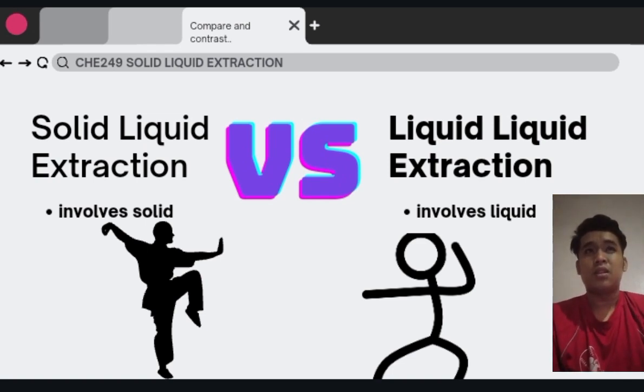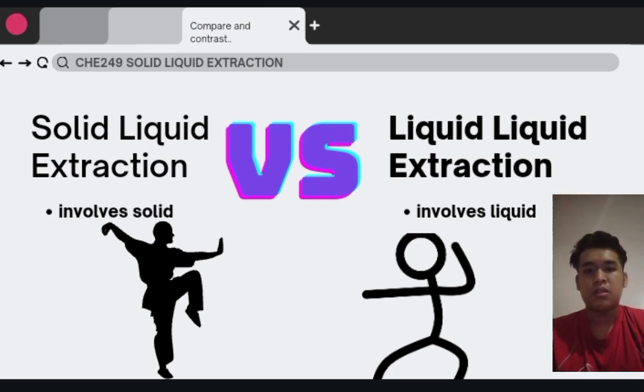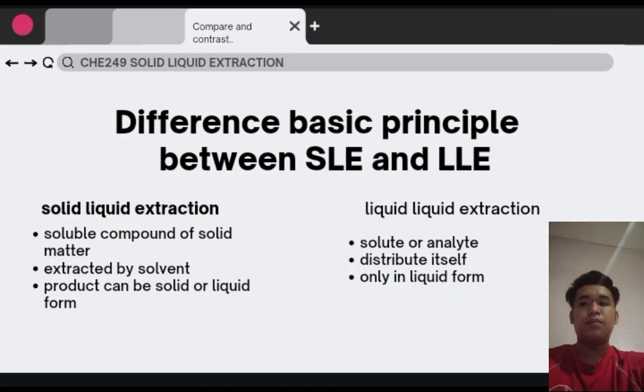First of all, as the names say, solid and liquid, there are differences between them, which is that solid liquid extraction involves solid matter, and liquid extraction involves only liquid. So we will go through the difference in the basic principle between solid liquid extraction and liquid extraction.